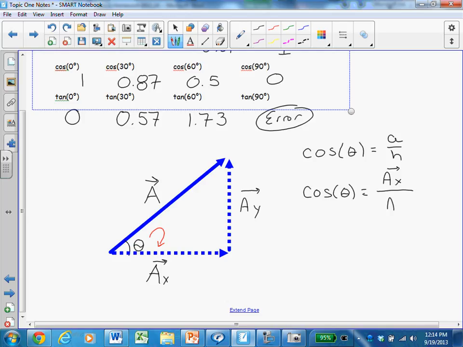Now, if I wanted to solve this for AX, what would I do? If I want to solve for AX, what would I do? Multiply by A. Good. Both sides, right?